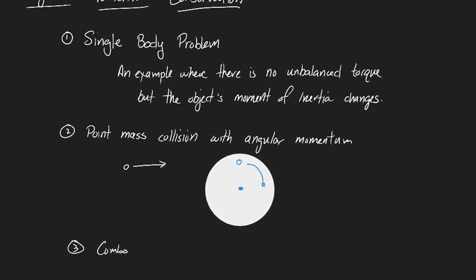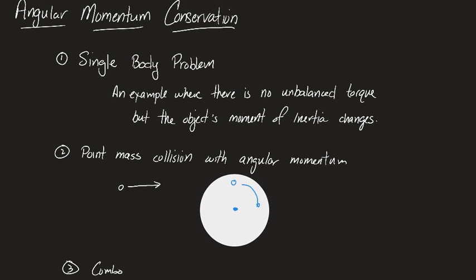Today, though, we're going to do the single body problem because it's pretty straightforward. And to do the single body problem, we're going to use a relatively straightforward example that I think almost all of you can kind of imagine. Imagine a schoolyard merry-go-round.